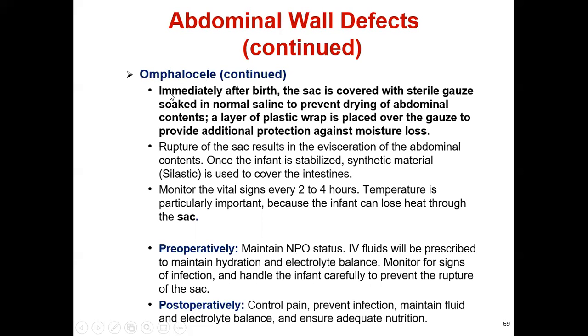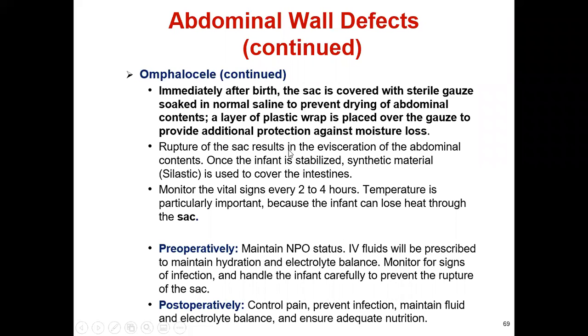So for omphalocele, immediately after birth, the sac is covered with sterile gauze soaked in normal saline to prevent drying of abdominal content. A layer of plastic wrap is placed over the gauze to provide additional protection against moisture loss.